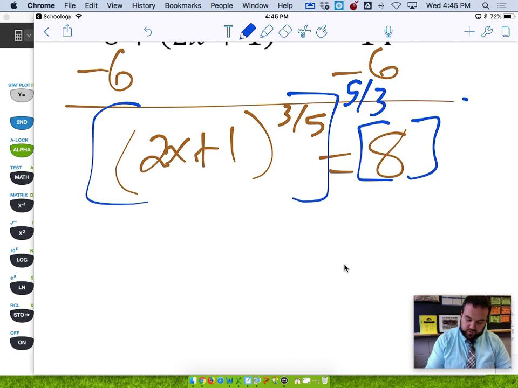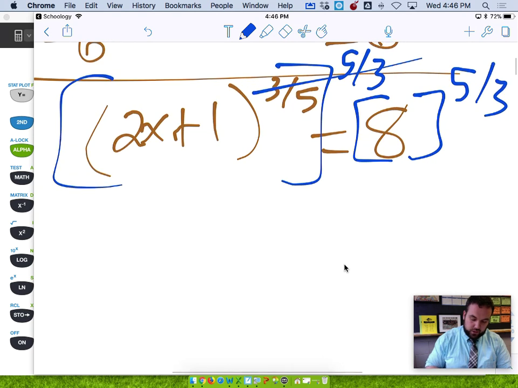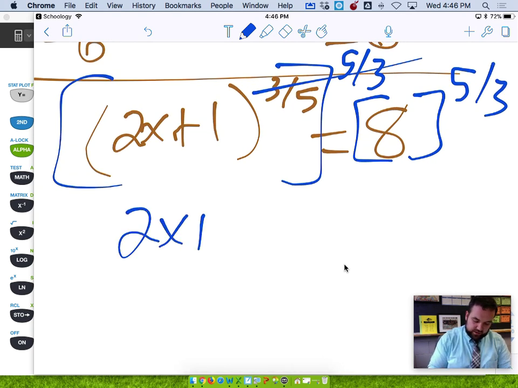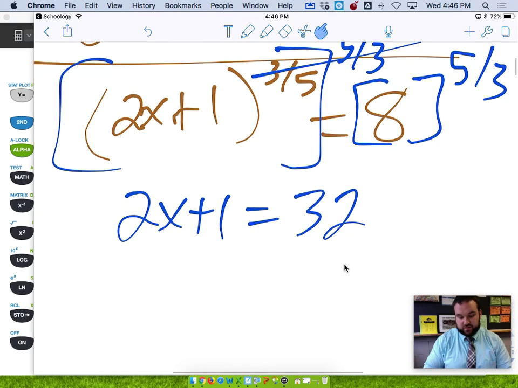I'm going to do the same thing over to 8. I'm going to raise 8 to the 5/3 power. I'm going to cancel out the reciprocal exponents because those will just multiply to be 1. Then I have 2x plus 1 remaining equals 32, which is 8 to the 5/3 power.